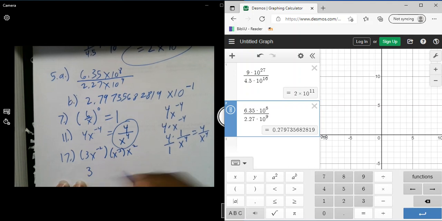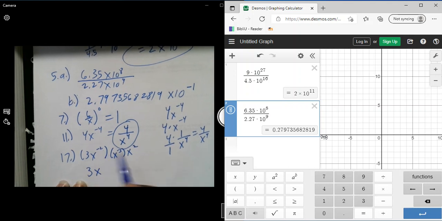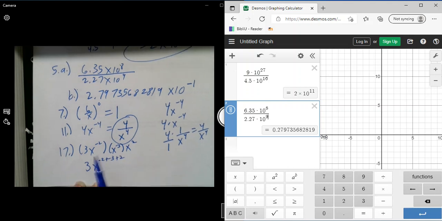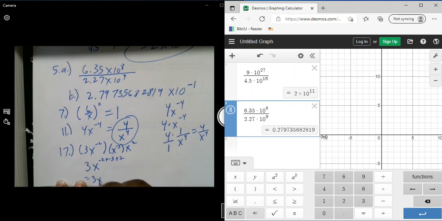So this would be 3x, and we would add these exponents, -2 plus -3 plus 2. Because when you multiply with the same base, you add the exponents. All right, so with that being said, -2 plus -3 is -5, plus 2 is -3. So it'd be 3x to the -3.